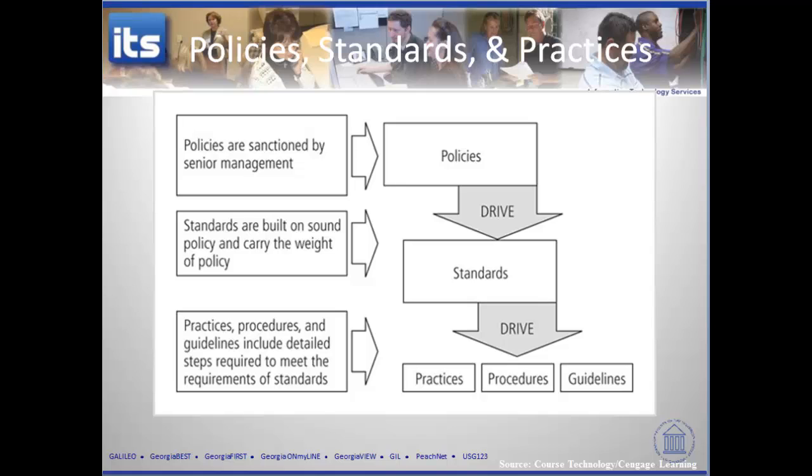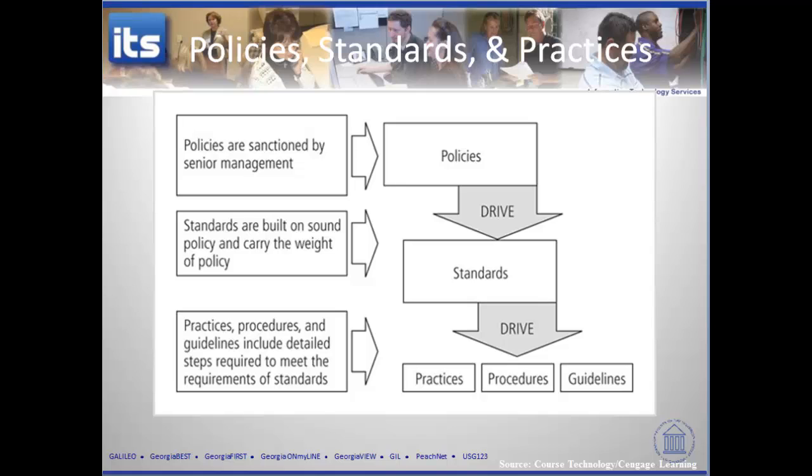And it says that the institution and system level CIOs are responsible as well, and that we are responsible for developing standards, practices, and procedures around information technology without bringing it back to the board. So we have that authority, and we will periodically go back and brief the board on our success.